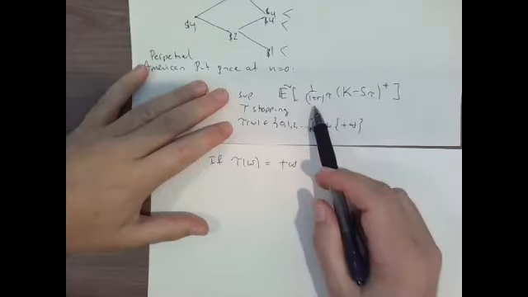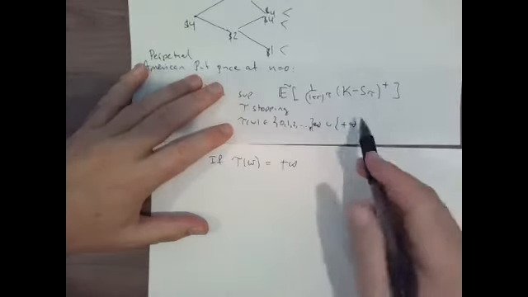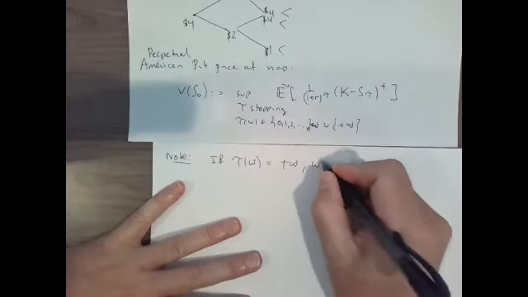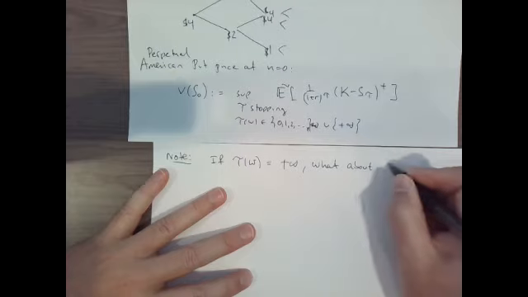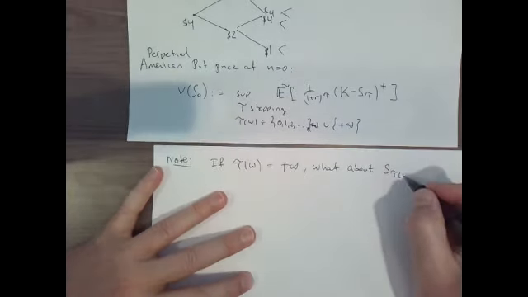Then what we're looking at up here is that there's no indicator here, and so we have potentially a problem, because what about this S at tau at that point?